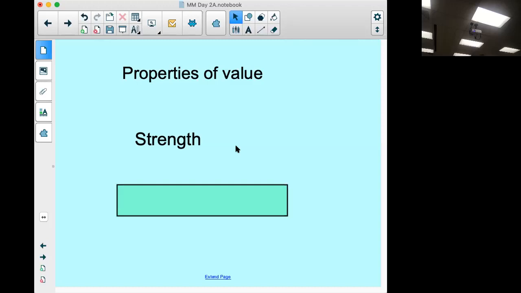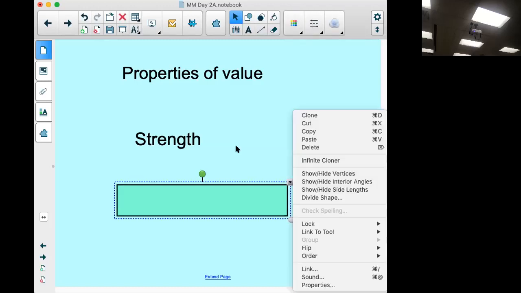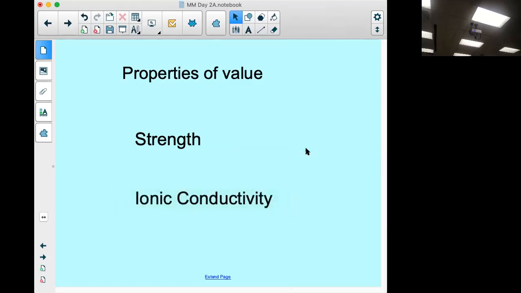Second, they have ionic conductivity. What do we mean by ionic conductivity? They allow for the transmission of, as we talked about before in this class, electricity. So you can pass an electric current through certain ceramic materials, based on which of the base materials you use.